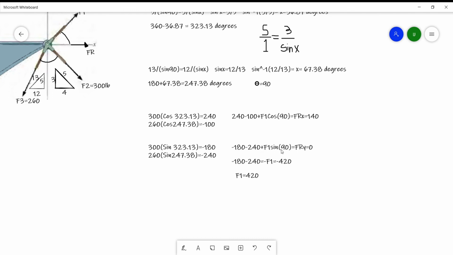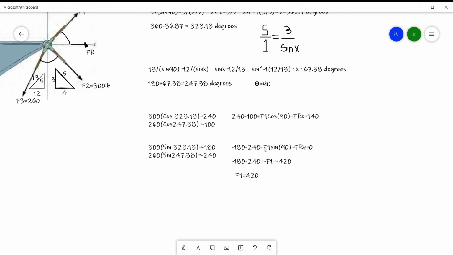Sin of 90, I know that it's going to be 1, so it's going to be minus 180 minus 240 is going to be equal to minus F1, because I'm going to move it over here, and since here it doesn't have a value, it's going to be 0.